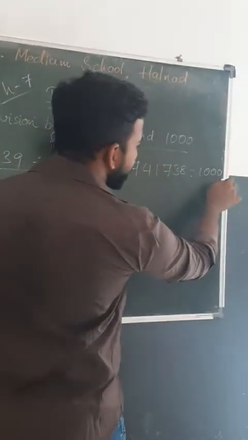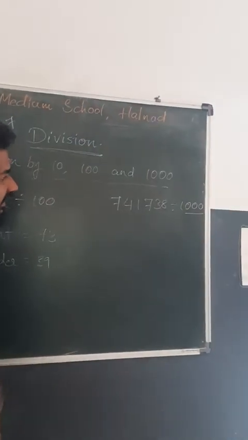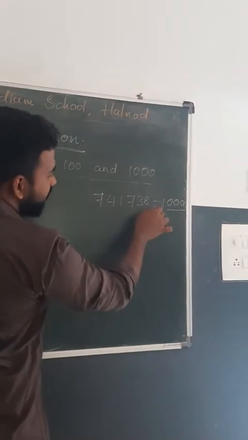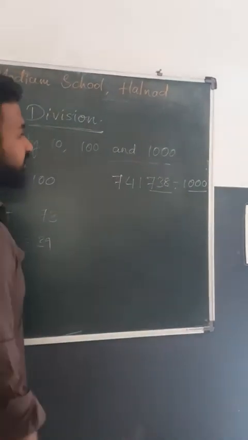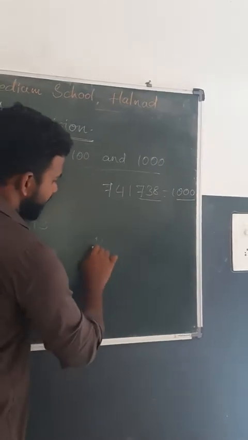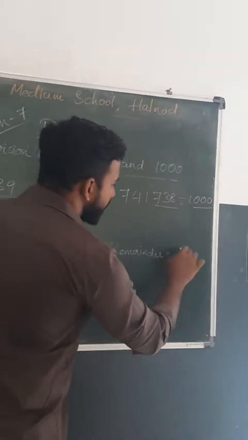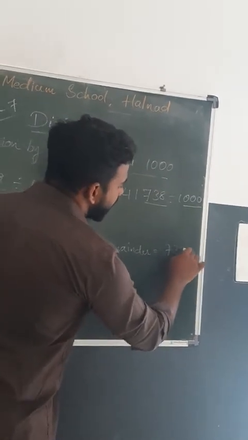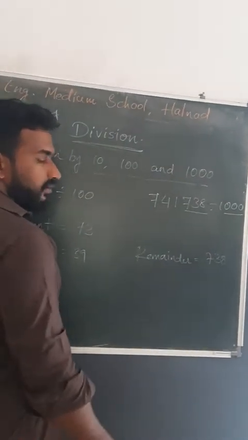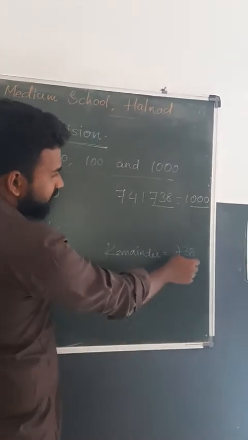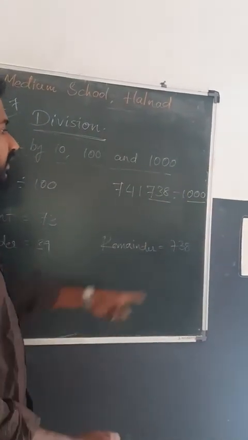Here by 1000, the number formed by the last 3 digits will be the remainder. So the remainder is 738. And one more thing is that the remainder will always be lesser than the divisor.